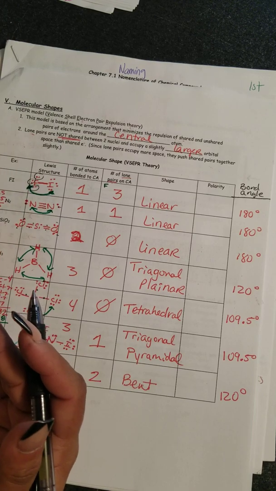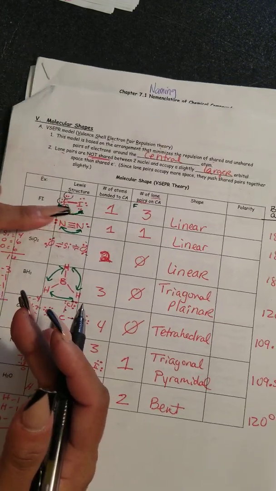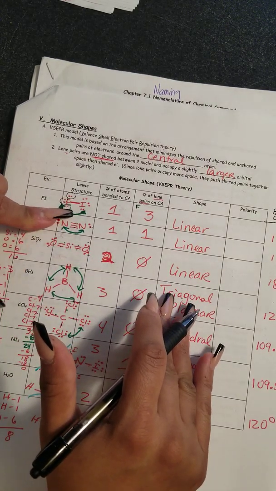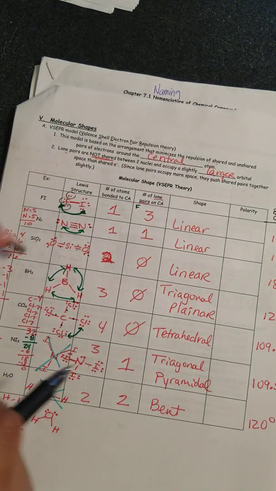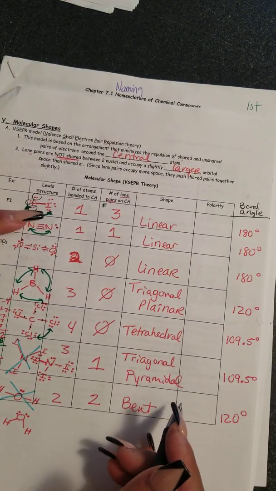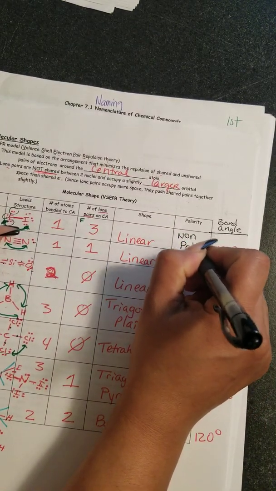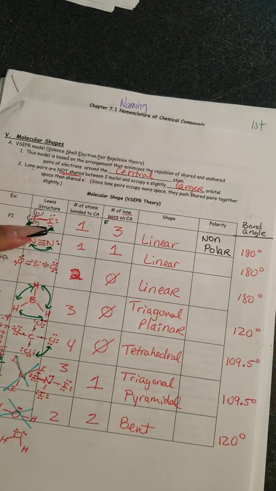If I see that it's nice and smooth and even all the way around, look at that nice flat line, because nobody's pulling, then that's an indication that this is non-polar. The drawing is a great indication of whether it's going to be polar or non-polar.